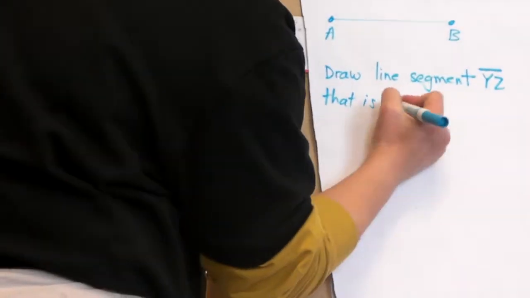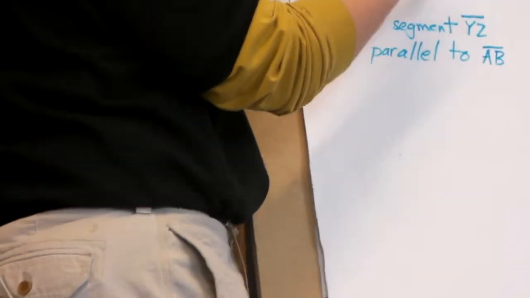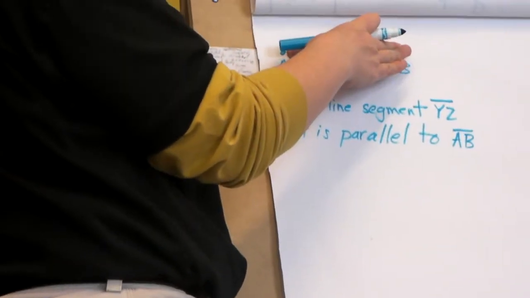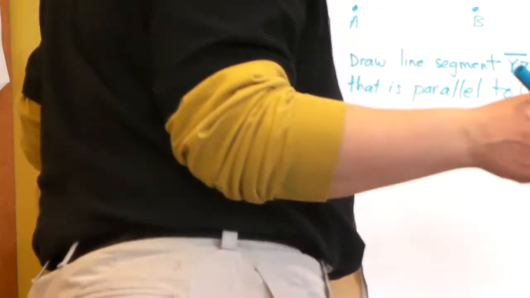That is parallel to line segment AB. But it doesn't say line segment, it just looks like this. This is the same as this. Do you remember that from yesterday? That this little mark here means this here. There's sort of a code that we use, so we don't have to write it all out every time.